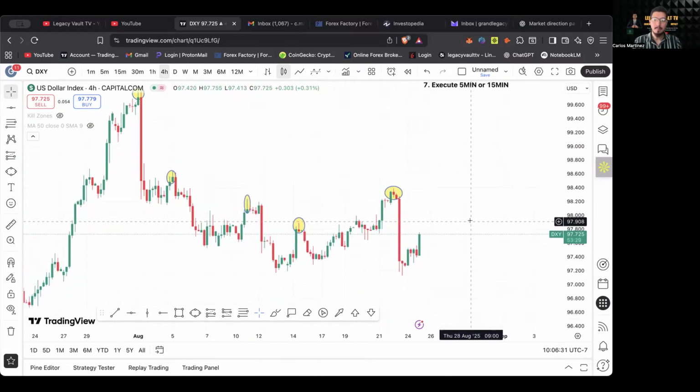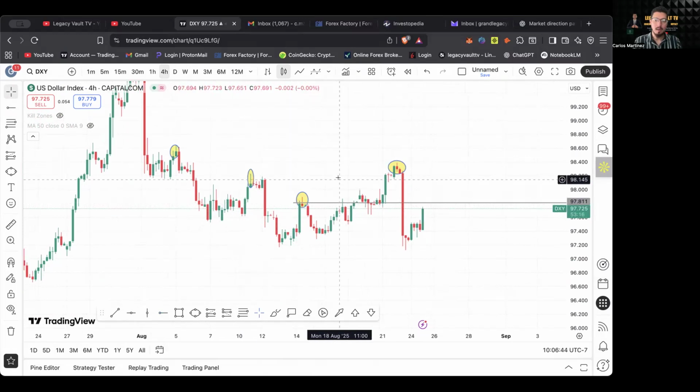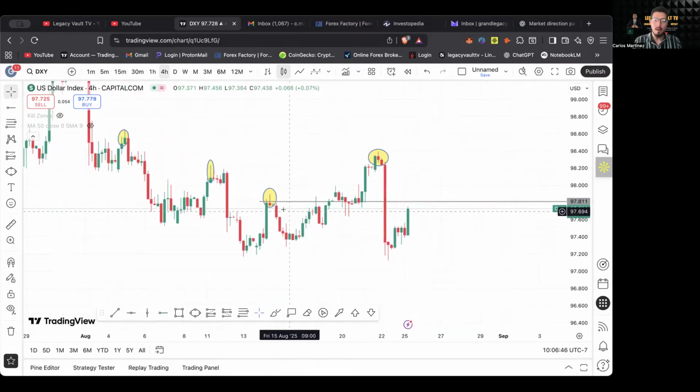And here, price eventually created a higher high because it broke above the structure here. It broke above this lower high and it created a higher high. So this is an example of a breakout structure.